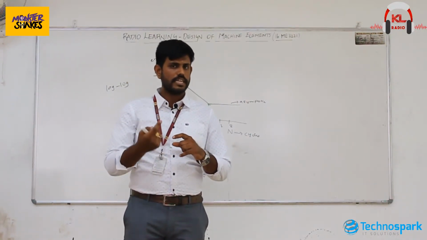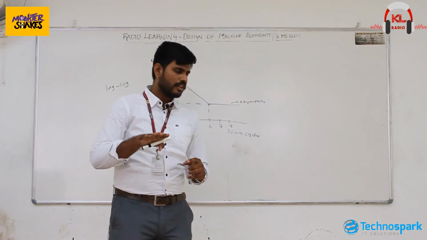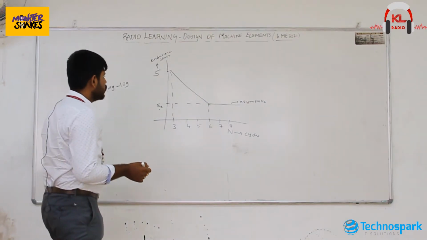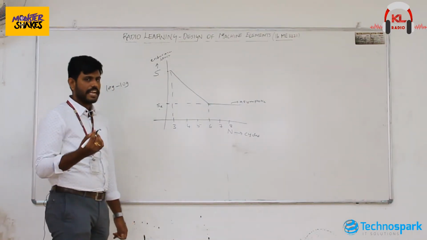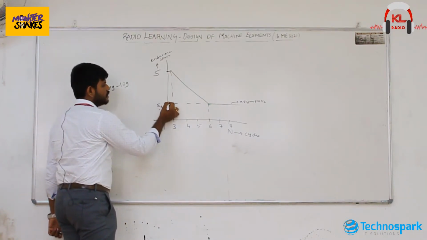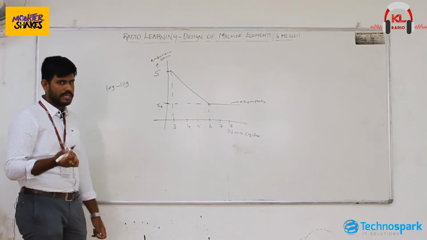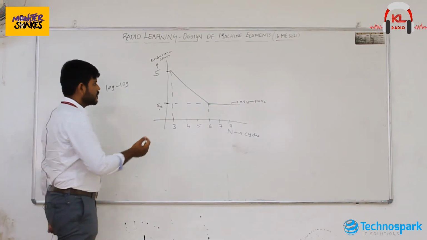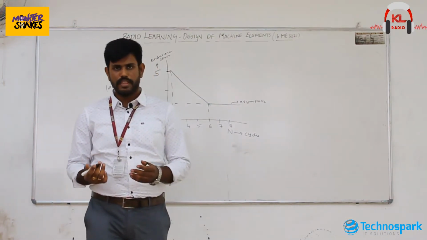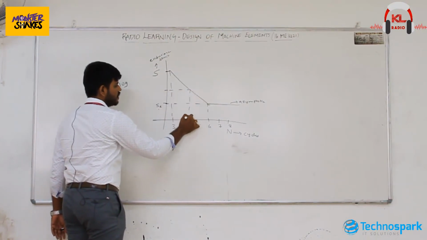You have to consider the endurance limit as your criterion. Your designed endurance limit must lie between these two points, then only will your machine component be in the safe region for that particular number of cycles.